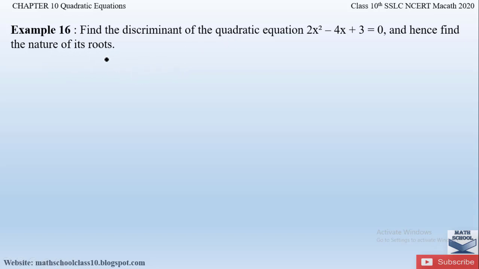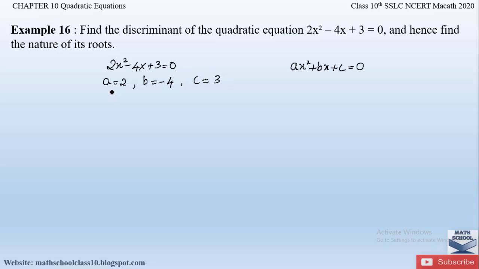The given equation is 2x square minus 4x plus 3 is equal to 0, which is in the standard form of a quadratic equation ax square plus bx plus c equal to 0. If we compare the given equation with the standard form, we can find the a, b and c values, where a is the coefficient of x square, that is 2, b is the coefficient of x, that is minus 4, and c is the constant, that is plus 3.